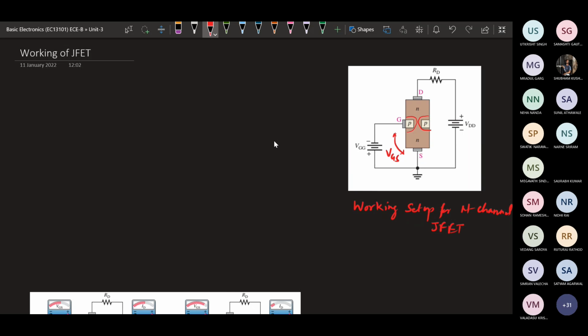The working of JFET is like this: it works with a reverse biased gate to source junction. The gate to source region is reverse biased basically.